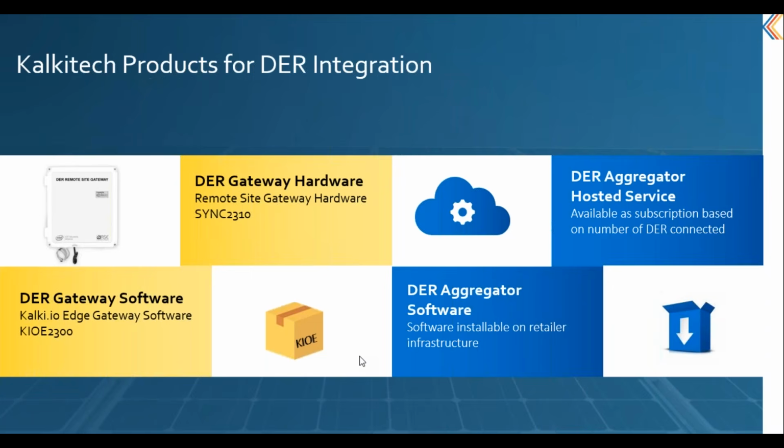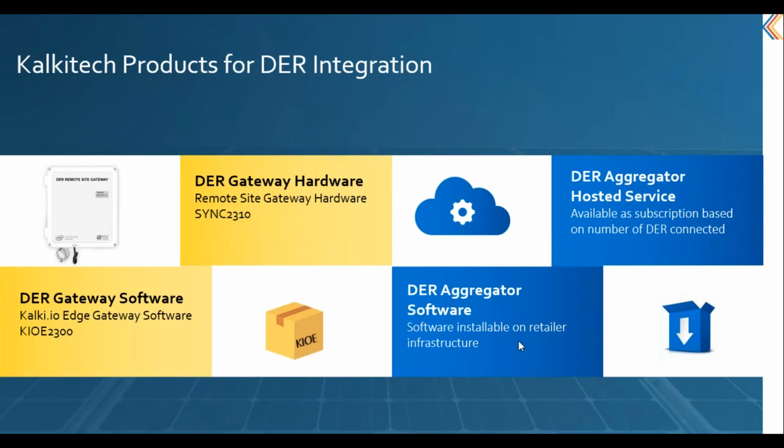So these are the four different products provided by Calcitech. DR gateway software, that's Calki.io 2300, which is a software-based solution which can be installed on any standard hardware. DR gateway hardware, which is Sync 2310, also called the remote-side gateway, which has been approved by a few utilities and is used for integrating the DERs with the utility servers.